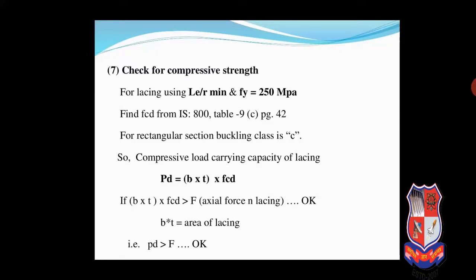B multiplied by T is the area of lacing. So PD should be greater than F, the axial force in lacing, then your lacing design is okay. So in this step, we have to check whether the compressive strength of lacing is okay or not.